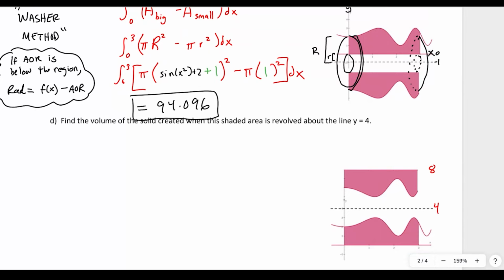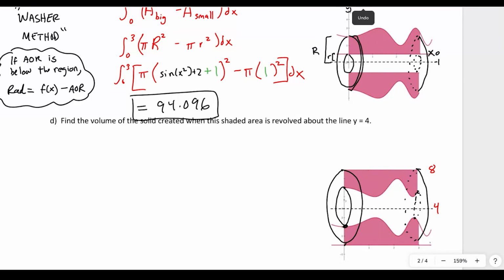So if I'm revolving that region around y equals 4, this point right here gets revolved around and does something like this. The point down here revolves and you get something like this. Let's try that again. I don't really see the inside there, but we have another roll of toilet paper here.